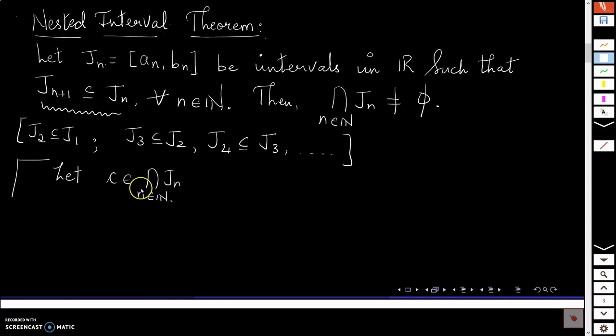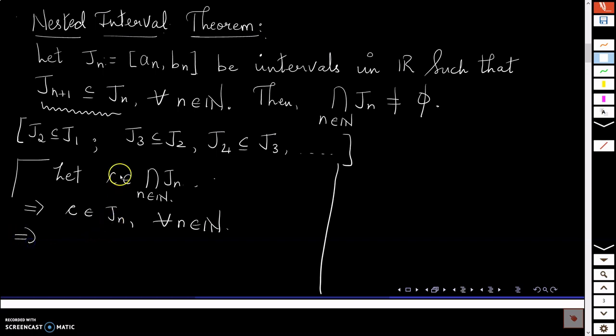Now it is there in the intersection of all the Jn's, meaning what? It is there in each and every Jn. So this implies C, this point, is there in Jn for all the natural numbers n. So it is there in J1, it is there in J2, it is there in each Jn for every natural number n, right? But what is Jn? Jn is nothing but the closed interval [an, bn].